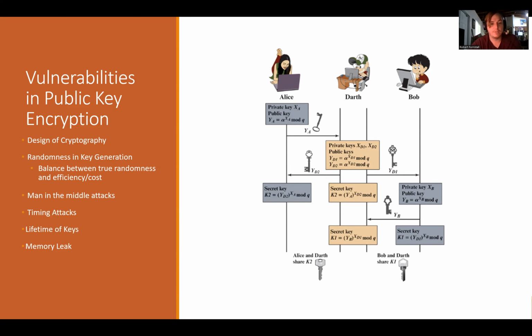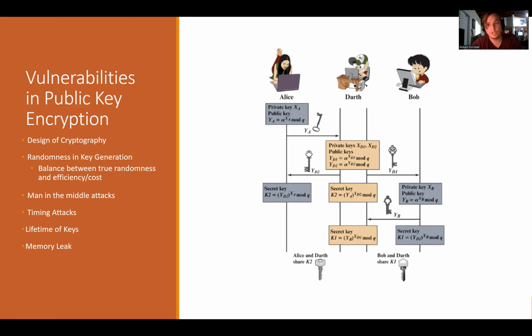You have cryptanalysis attacks such as man-in-the-middle and timing attacks. With man-in-the-middle, you have an attacker who gets in the middle of a communication stream and tries to pass off their public key information as the other party's to trick the users into communicating with them rather than the intended destination.